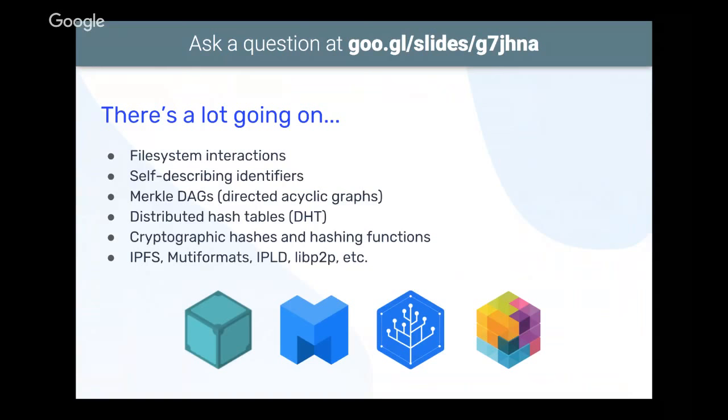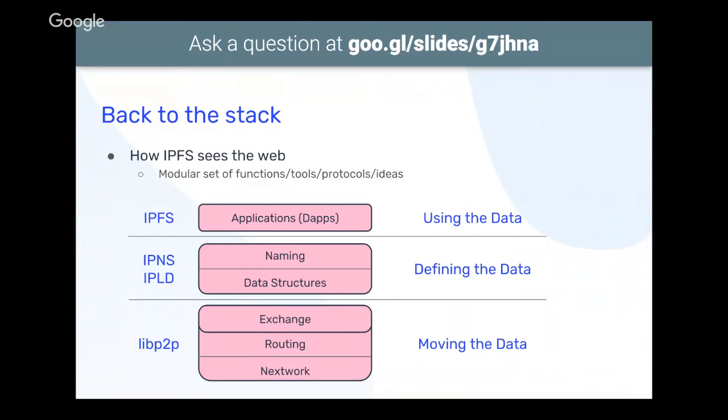You have fancy data structures that are part of the IPLD project. We'll talk about that on Thursday. And you even have distributed data structures, networking layers, and cryptographic primitives as part of the libp2p project. These are the icons at the bottom here. The idea is that all of these sub-projects support the broader idea of IPFS as this overarching P2P web system. And a big piece of that, of course, is storing data.